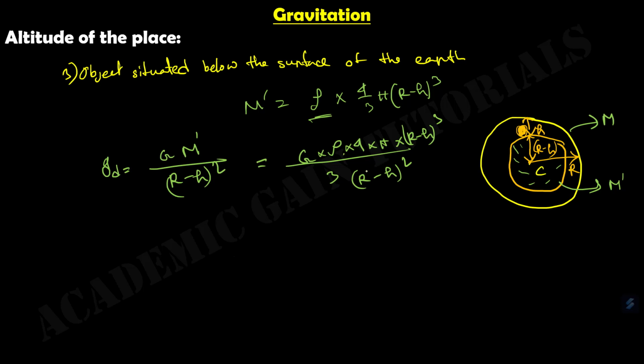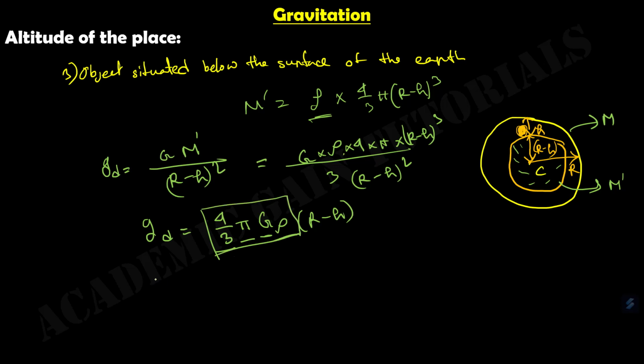Now if we simplify this, we will get g of d equals to 4 by 3 pi g rho into (r minus h). Here 4 by 3 is a constant value, pi is a constant value, g is a constant value, and rho, the density of our earth, is also a constant value. So we can replace this whole constant with a value k.